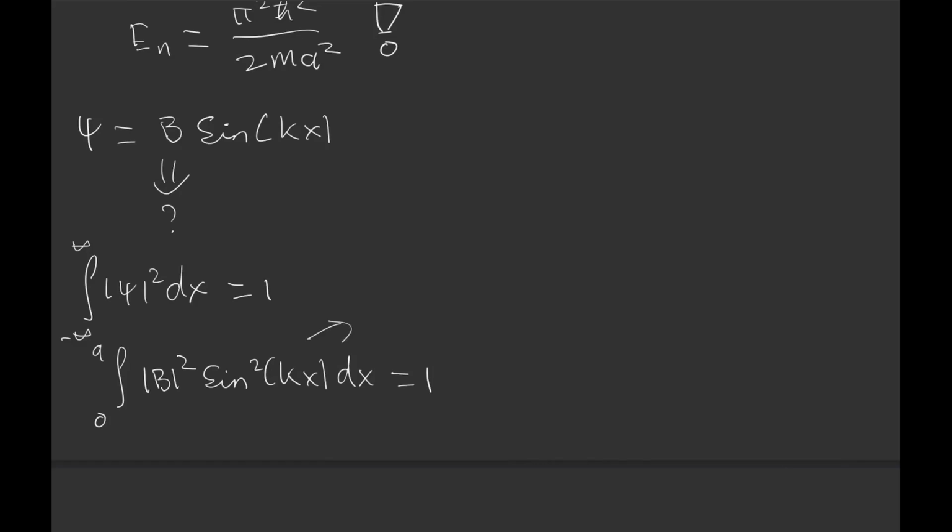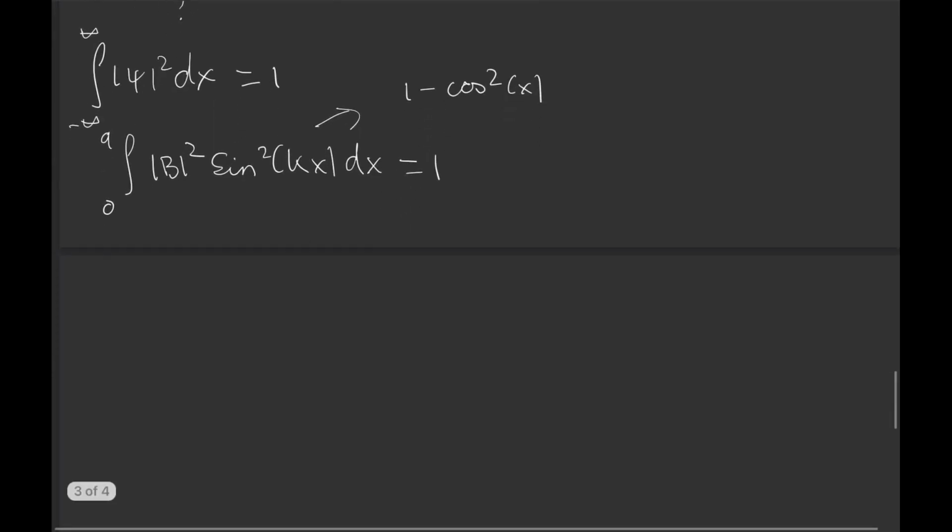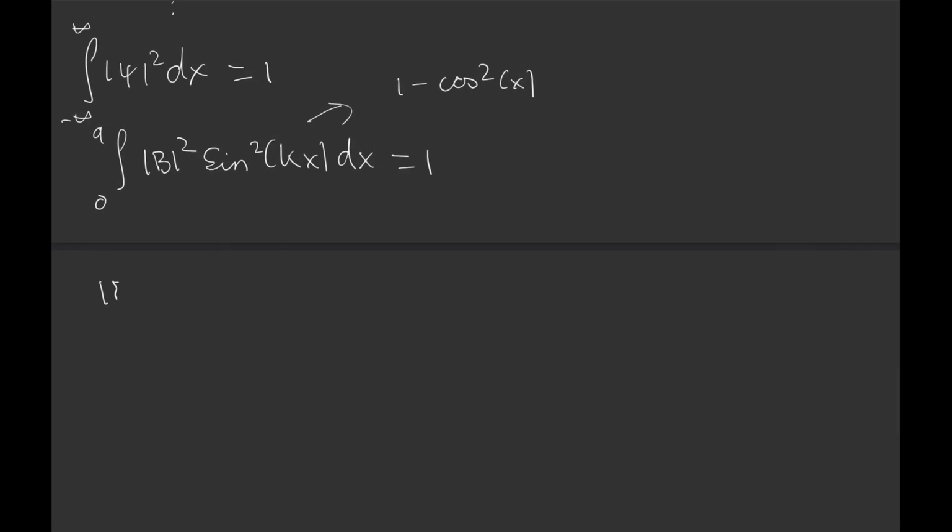This integral can be solved by using that sine squared is equal to 1 minus cosine squared, which can be evaluated to give a over 2 times b squared, and this is 1.